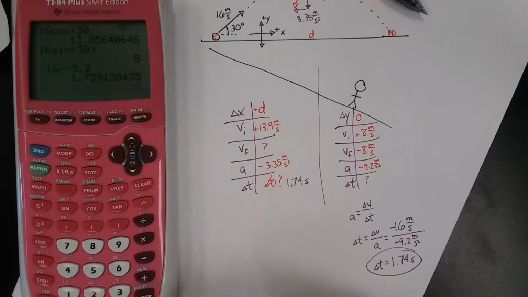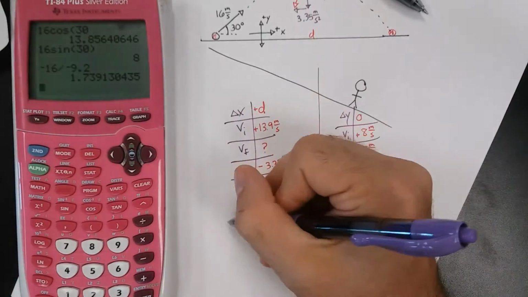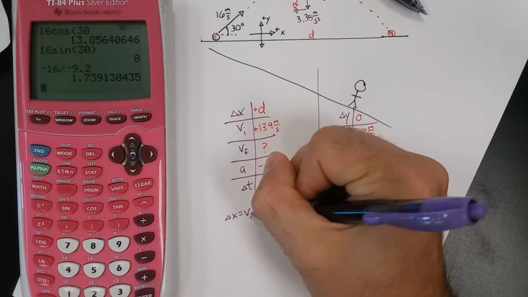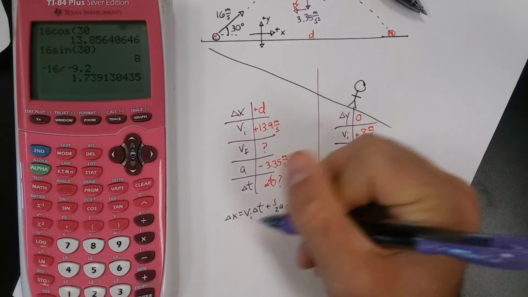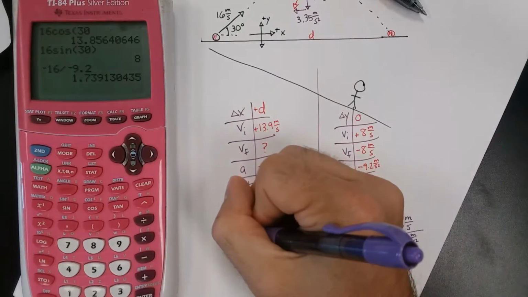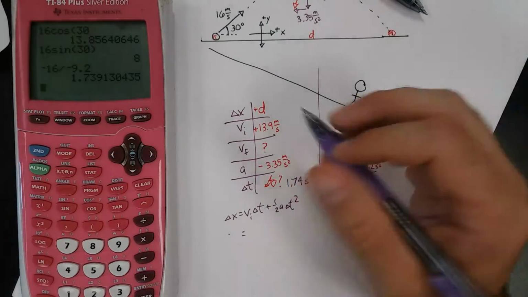I can plug that time over here into 1.74 seconds, and then I can say, okay, well then delta x equals v initial times time plus 1/2 a delta t squared. And what am I looking for?